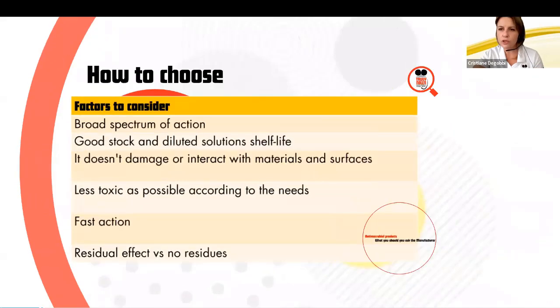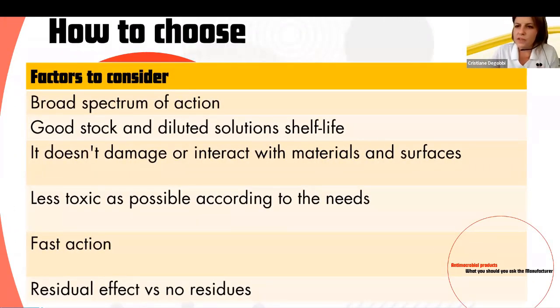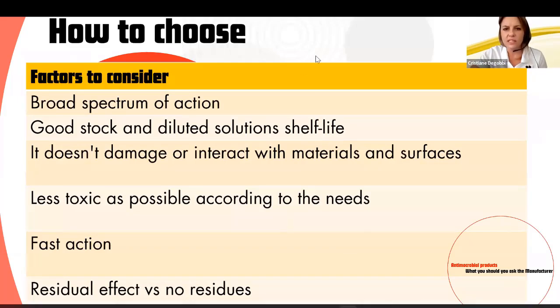And how to choose? Well, first, as I said, you need to understand the risk you have in that area. That's one thing to consider when you're choosing an antimicrobial product. Sometimes, just to make it easier, I will say disinfectants, but you can consider that it's either a sanitizer or a disinfectant. Factors to consider: it has to be a broad spectrum of action.